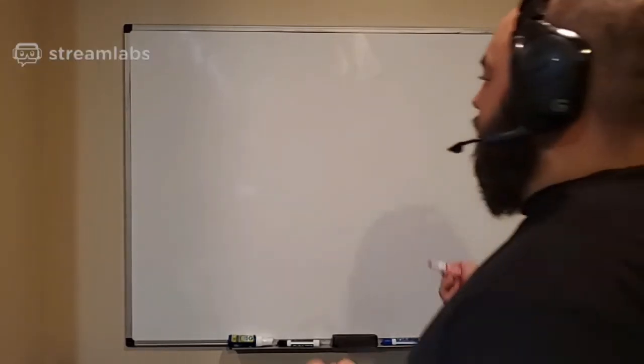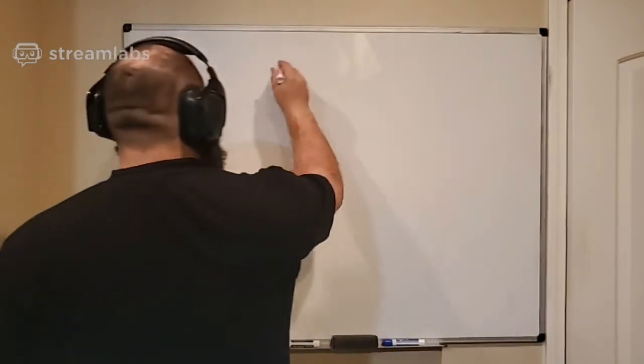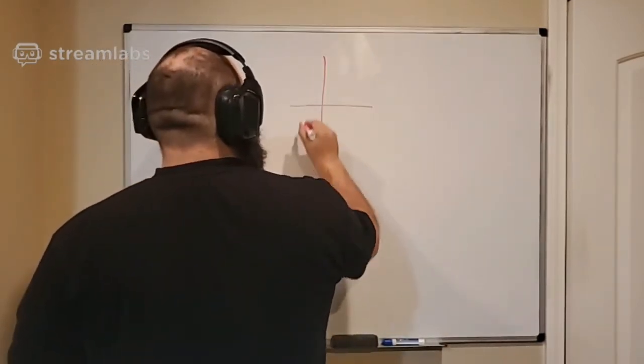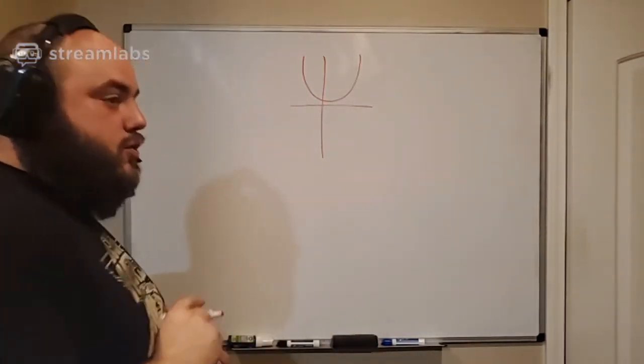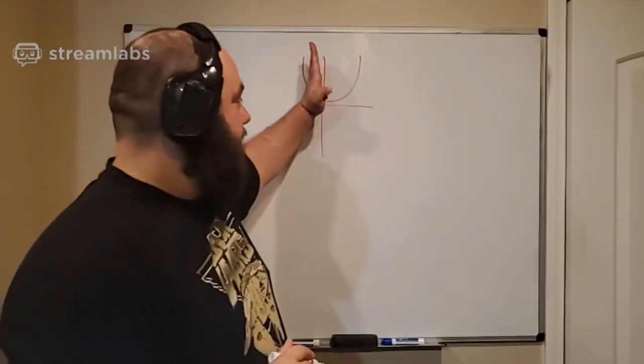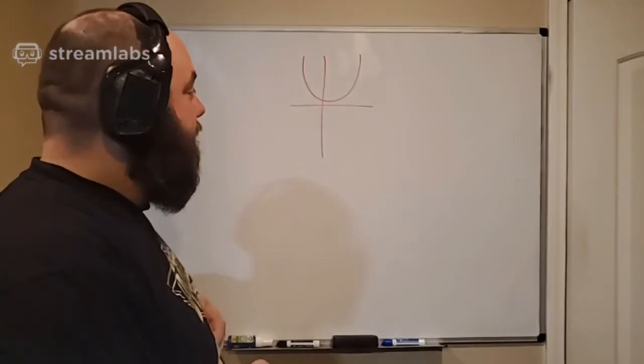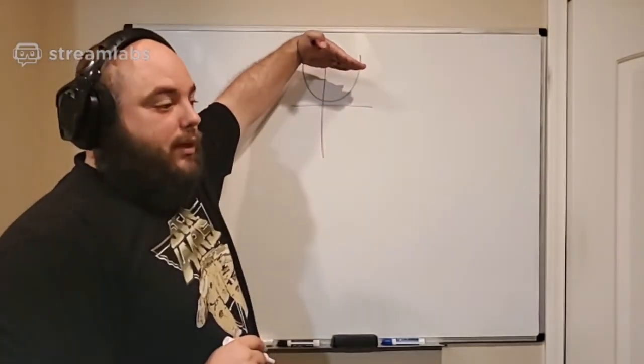Remember, you switch x and y. So a vertical test on the inverse is actually a horizontal test on the original function. So if you take a parabola, for instance, I'm going to assume everybody knows a parabola passes the vertical line test. However, a parabola fails what we call the horizontal line test.